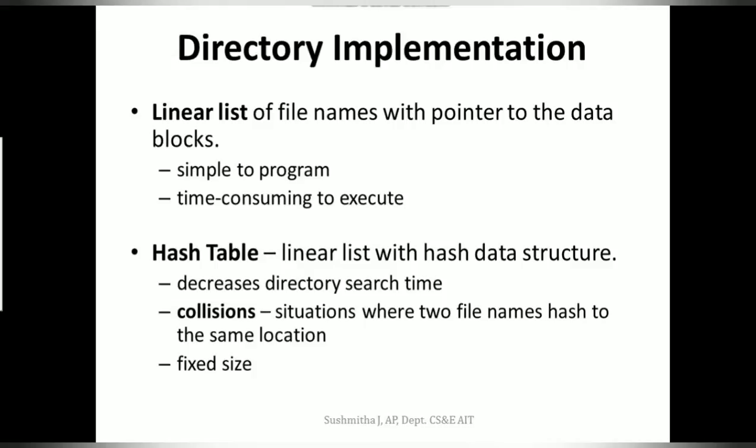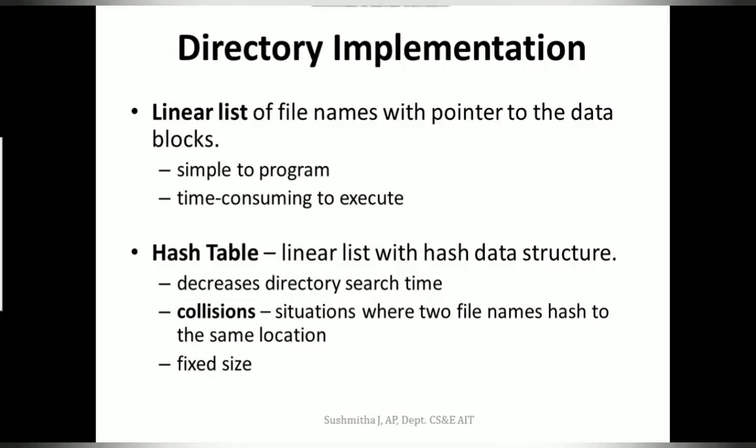The selection of the directory allocation and the directory management algorithm significantly affects the efficiency, performance, and reliability of the file system. So let us look in detail at both approaches, and the advantages and disadvantages associated with them. The first approach that we have is the linear list.